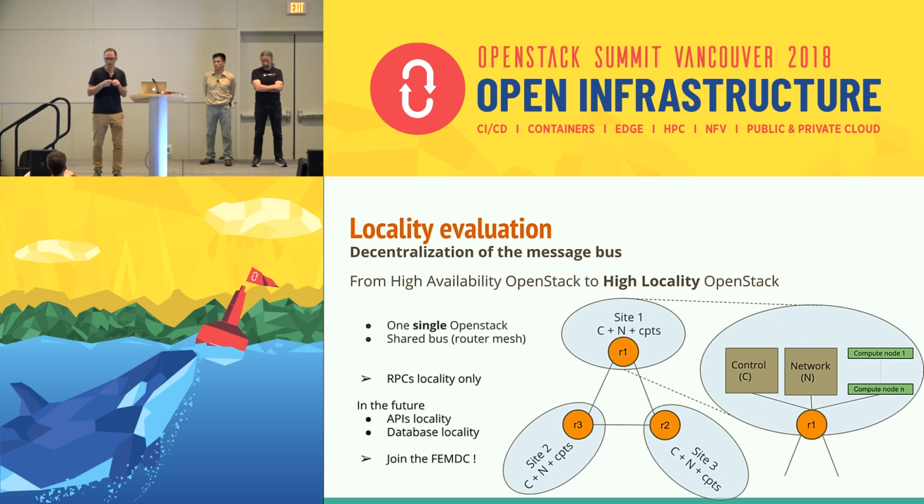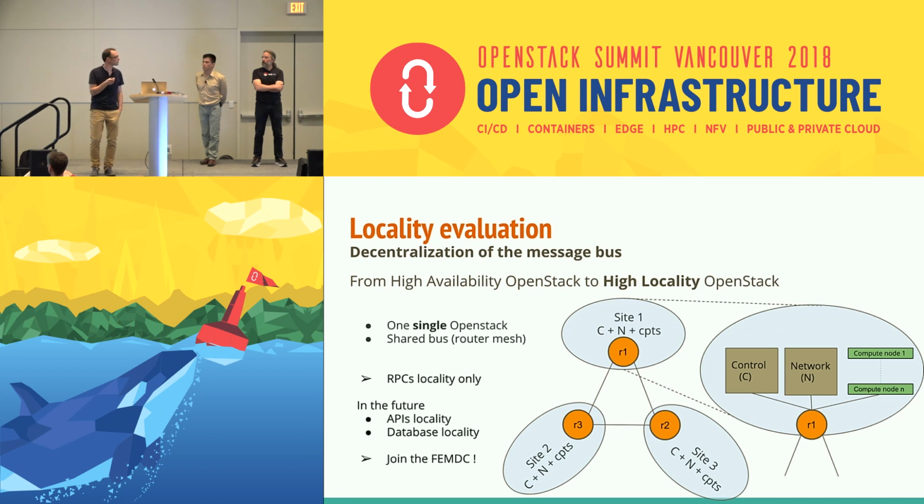So basically what we have here in the picture is one single OpenStack whose services are replicated across sites. And we use a shared bus to link all the things together. What you gain by doing that is RPC locality.